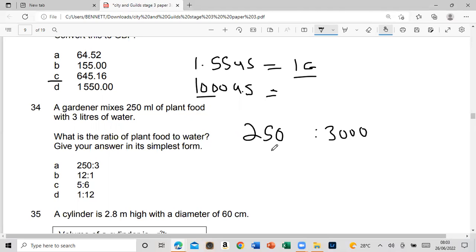So all we have to do is just divide this now and see what we get. Milliliter of food to that. Divide it.